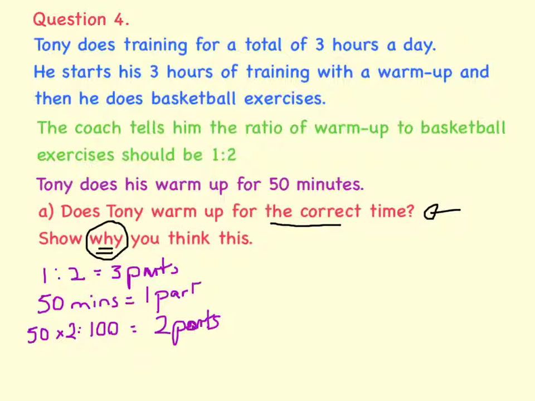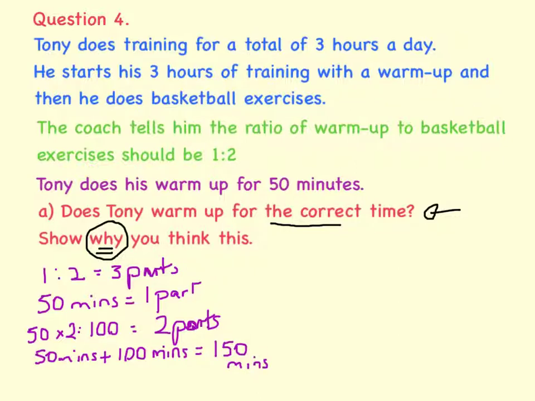This means that if he warms up for the correct time, he would be training for a total of 50 minutes, his warm-up, plus 100 minutes for his basketball exercises, which would be a total of 150 minutes.